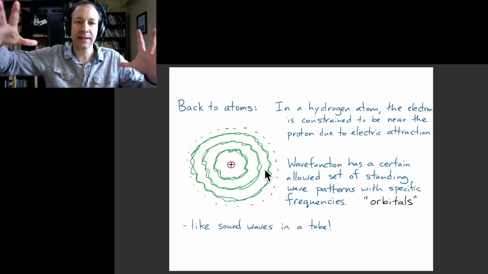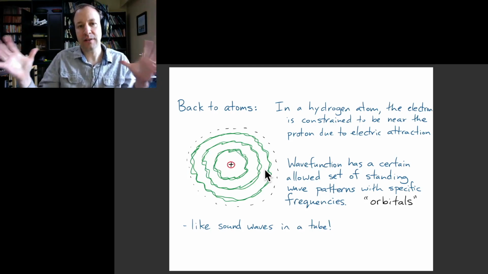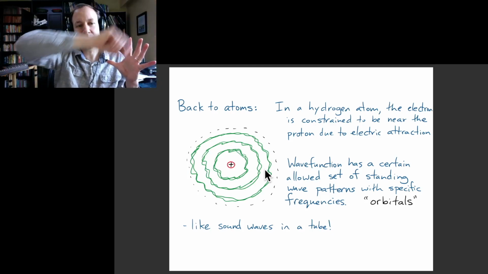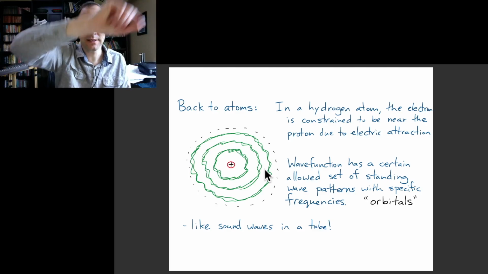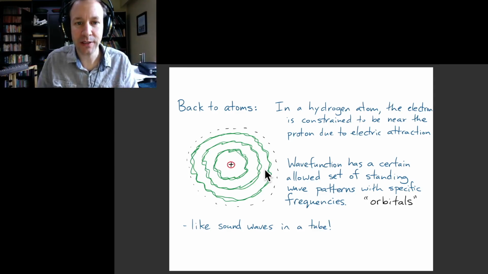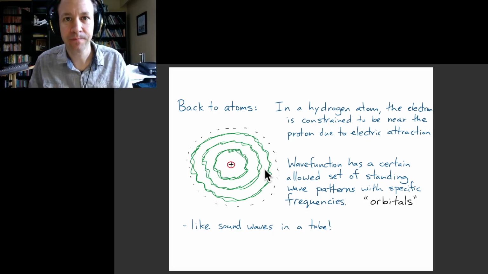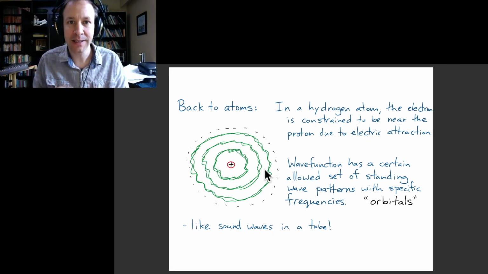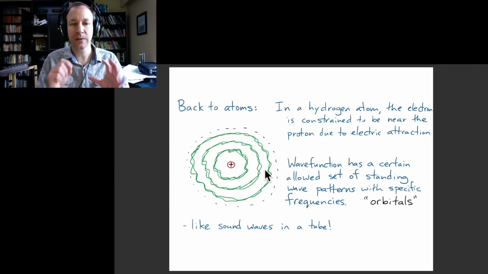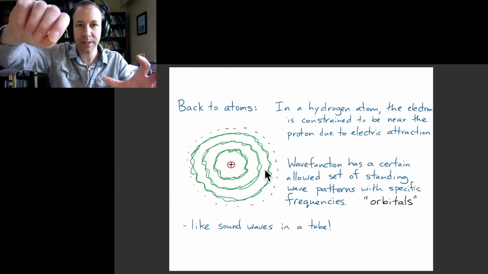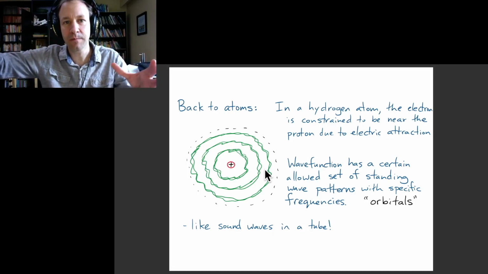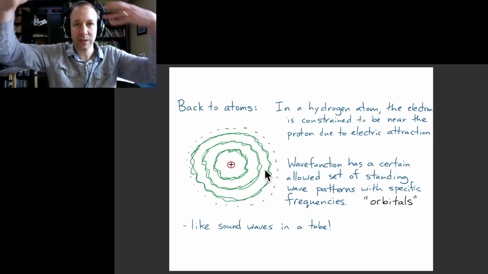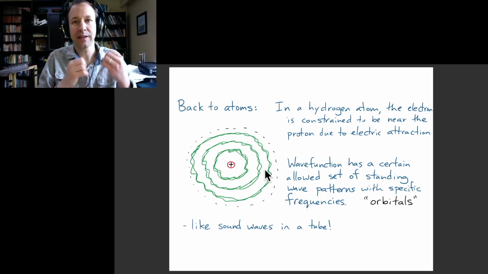So we could think that there's some region around the proton where the electron is confined to be, but it could exist at many different possible locations within that region. Now in quantum mechanics, the general state of the electron in the atom is going to be described by one of these superpositions, or equivalently by a wave function, and that wave function will evolve with time by the Schrödinger equation.